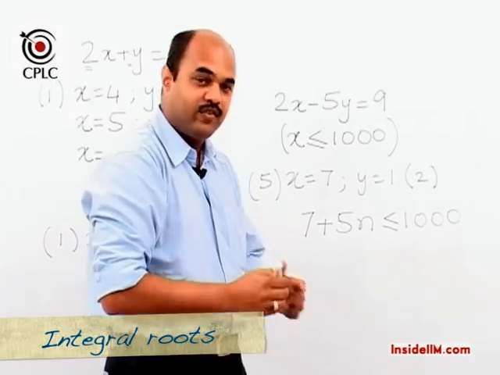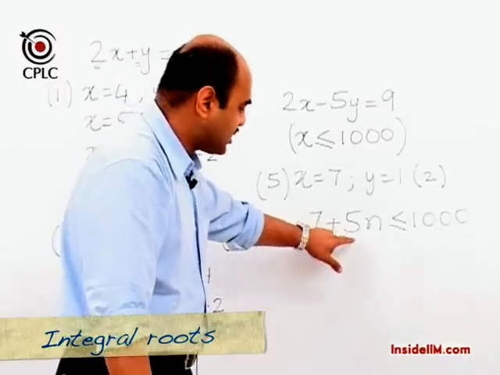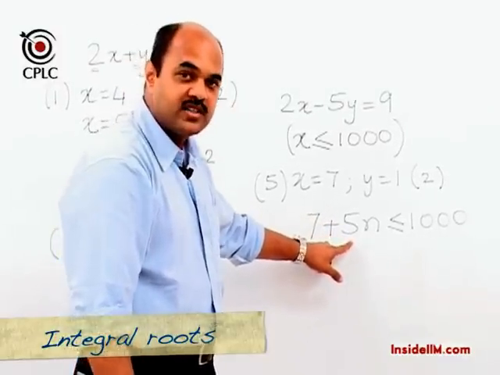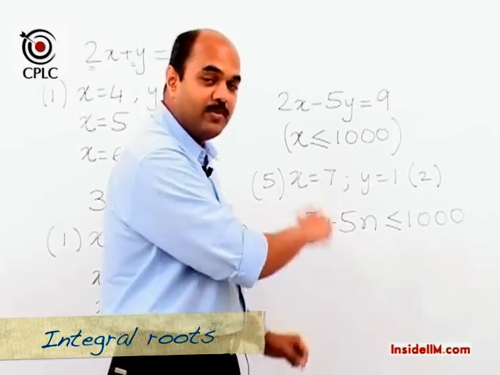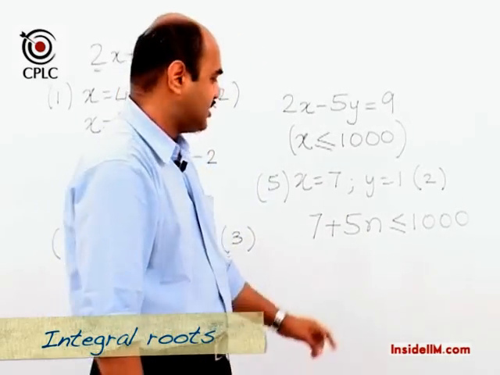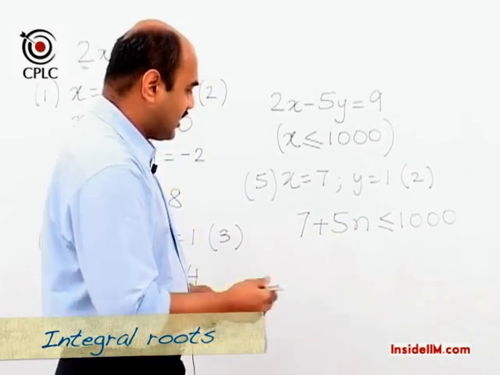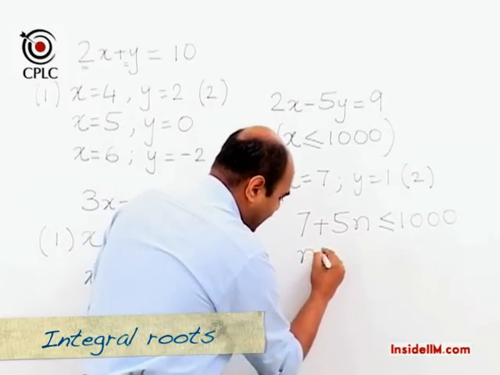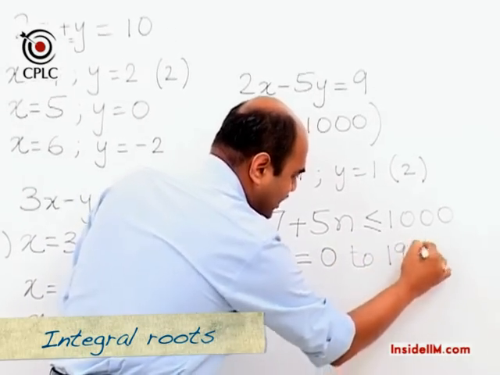Which means that if you keep increasing x from 7 in steps of 5, what is the largest possible value that n can take, or how many values of n can exist such that this is satisfied? Now if you actually calculate this, n can take any value from 0 to 198.